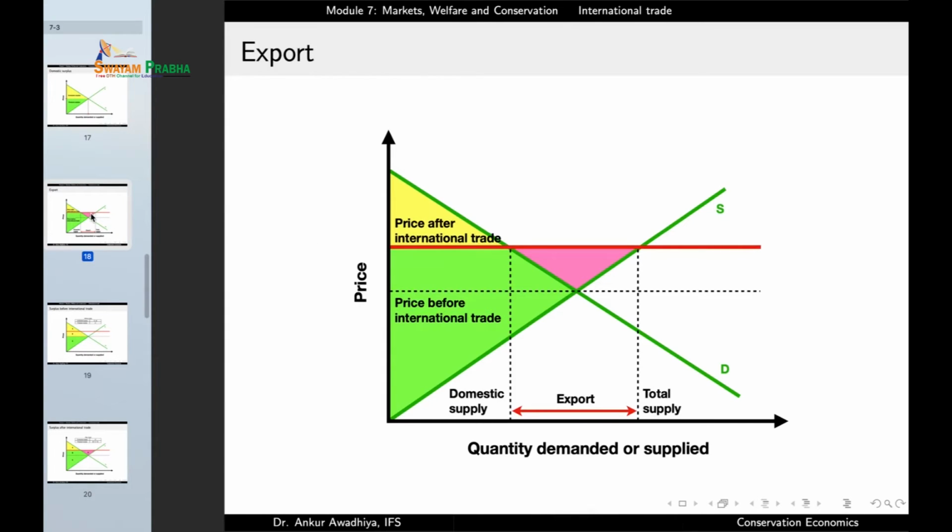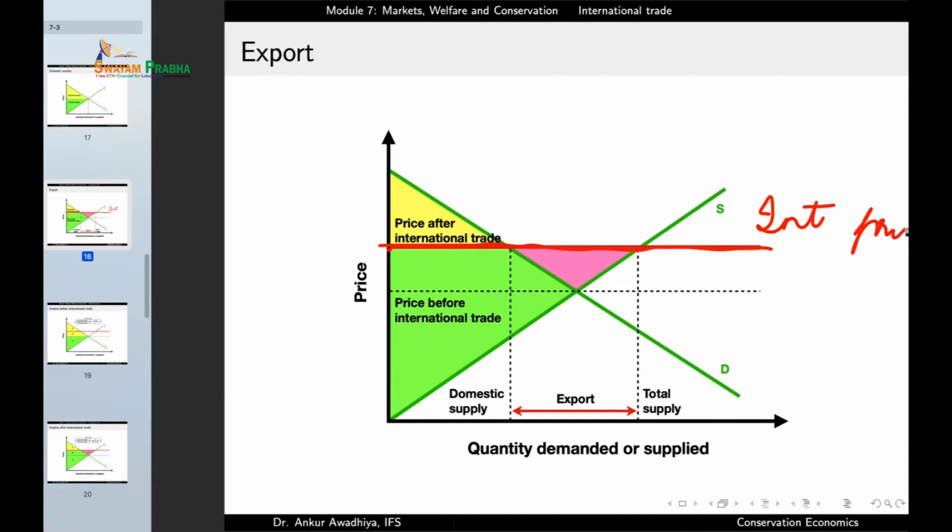And this country is going to export if the international price is greater than the domestic price, which is what we are showing here. So this line is showing us the international price.